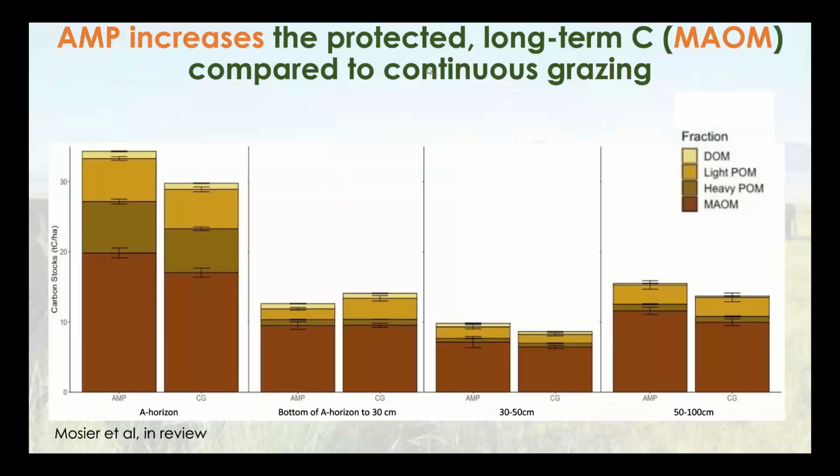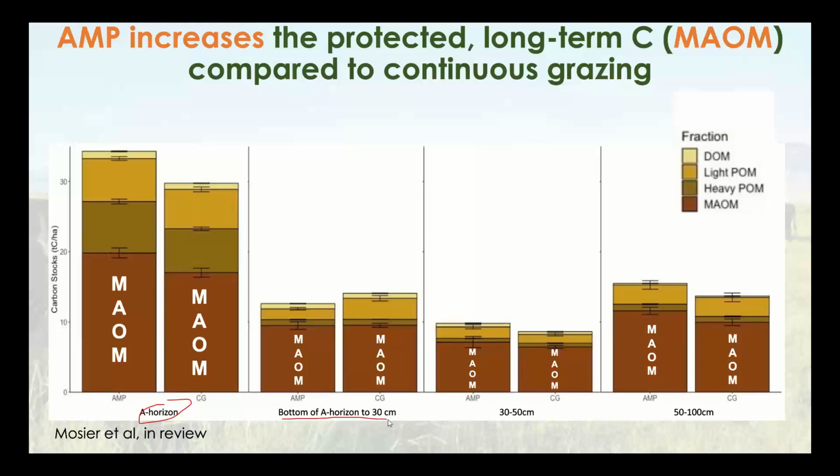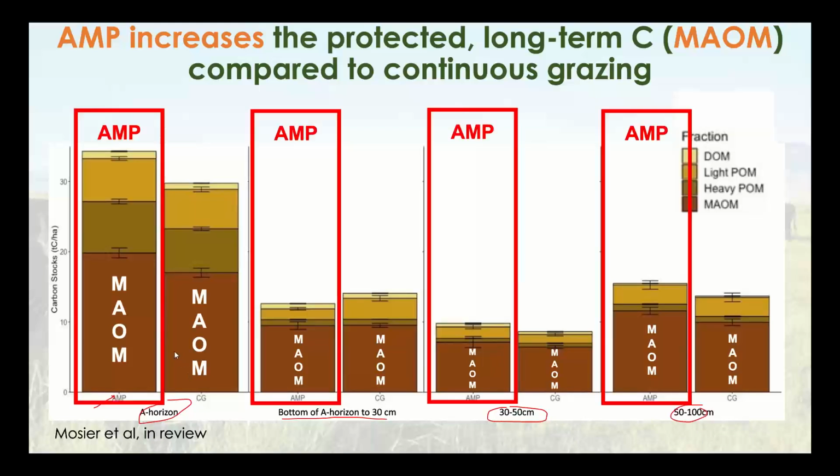But in this study, they also were able to look into changes in MOM and POM concentrations over time. So what you're looking at in this graph is MOM and POM concentrations in soil across depths. So first at the A horizon, then from the bottom of the A to 30 centimeters, 30 to 50 centimeters, and 50 to 100 centimeters. And for each group, AMP is the first bar and continuous grazing is the second bar.